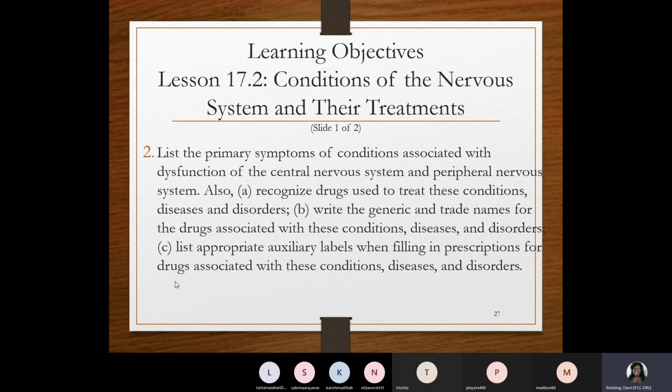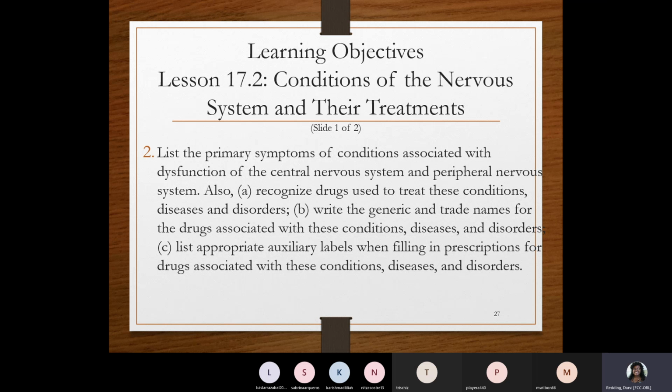And so as we continue to learn more about the nervous system, we're going to get into some learning objectives of the conditions of the nervous system as well as their treatments. So based on this portion of the presentation, some of the objectives we're going to be going over is you should be able to list the primary symptoms of conditions that are associated with dysfunction of the nervous system and the peripheral nervous system.